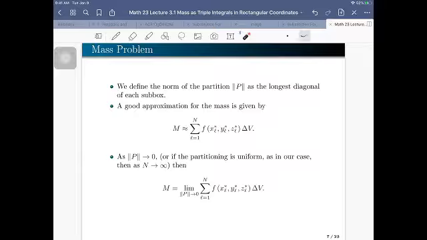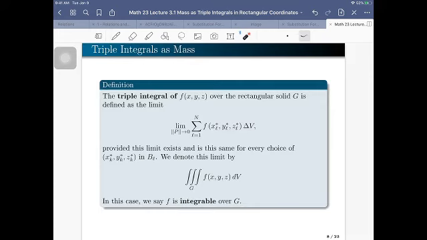And then, as you take the limit as the norm of the partition goes to 0, the approximation becomes better and better. And as soon as you take the limit, the limit becomes the true mass of the solid.